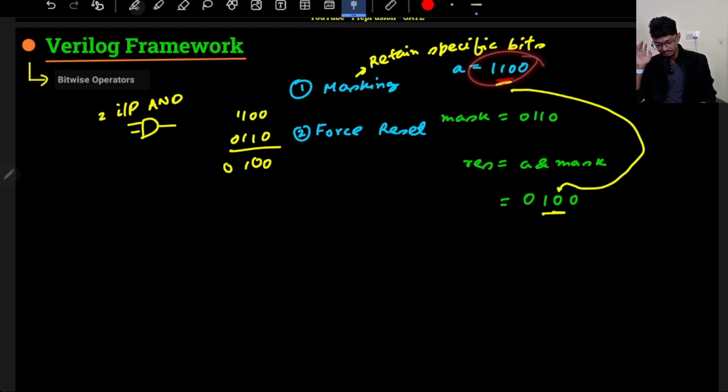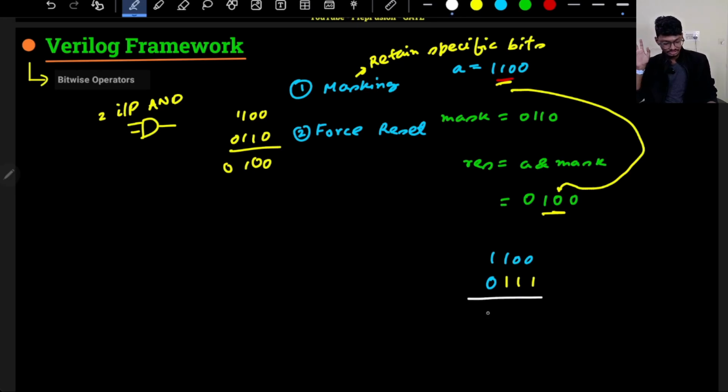Let's say I have this number, 1100, and I want to reset only the MSB. I want to keep the other bits the same. So I will do the AND operation with the MSB as 0 and the other bits simply 1 1 1. What it will do is simply reset the MSB.